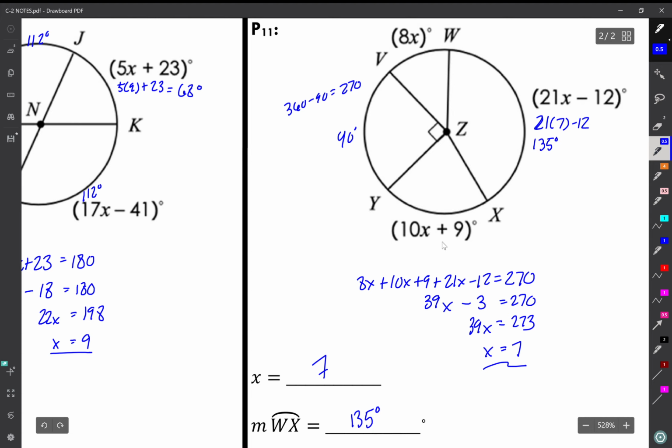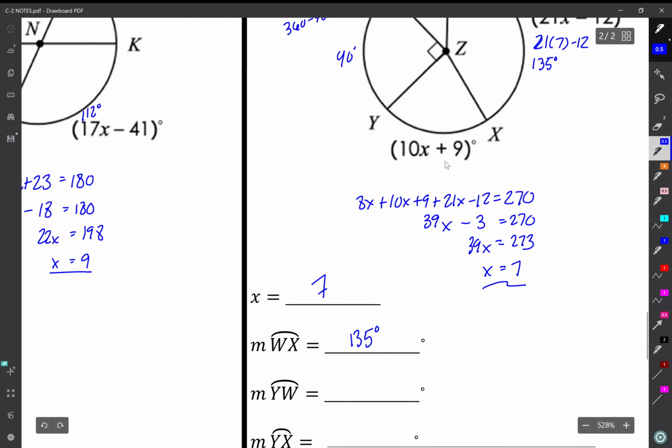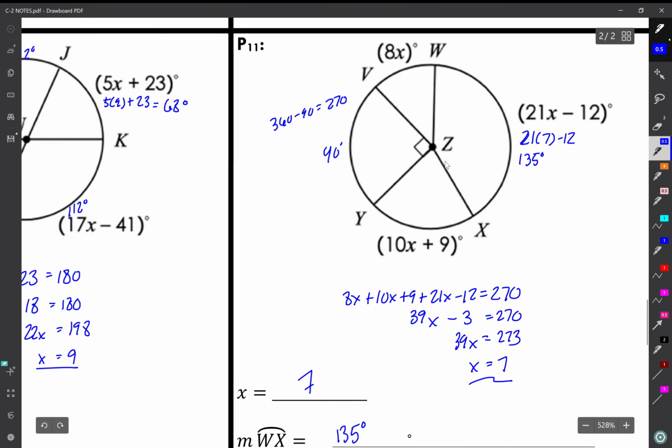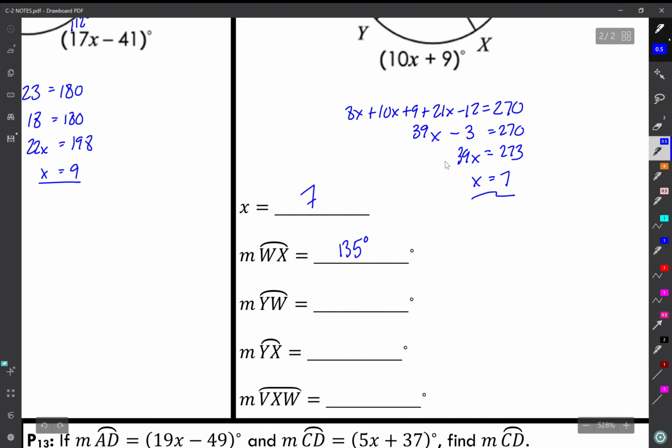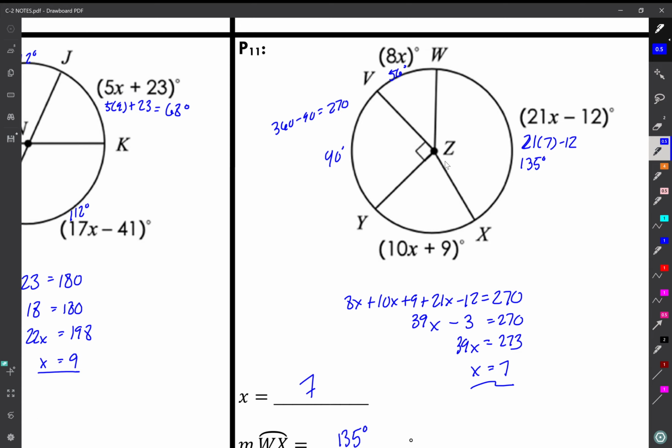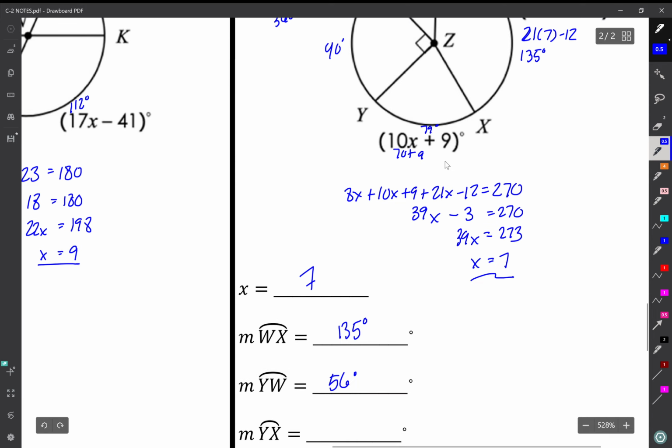Next, we look at YW. So YW, we plug in 7. We get that this is 56 degrees. 7 times 8 is 56. YX. Let's see, this is 90. So then we'll plug in this. This is 70 plus 9. So this is 79.